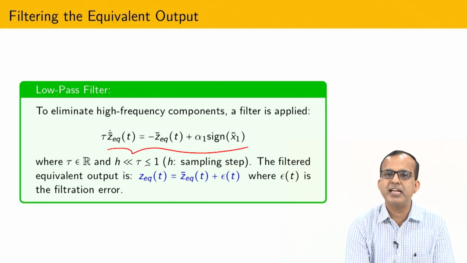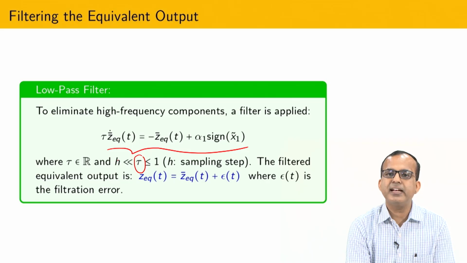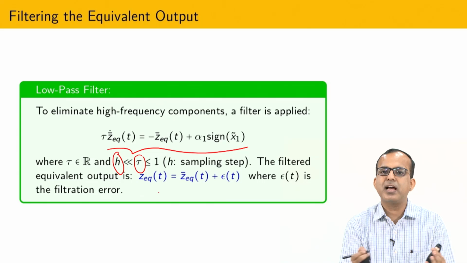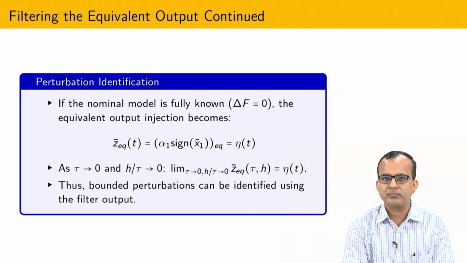Again, if you design tau, you can see here the guidelines for the selection of tau. The time constant of the filter should lie between less than 1 and greater than the sampling period, because most things are running inside a computer and due to that reason sampling comes into the picture.